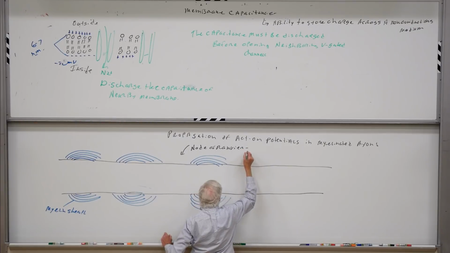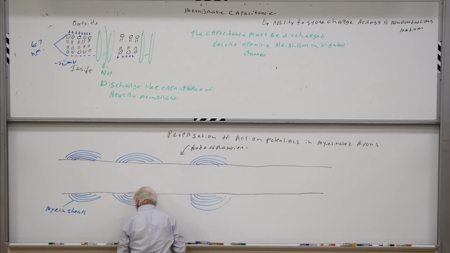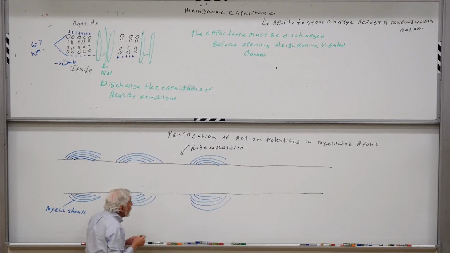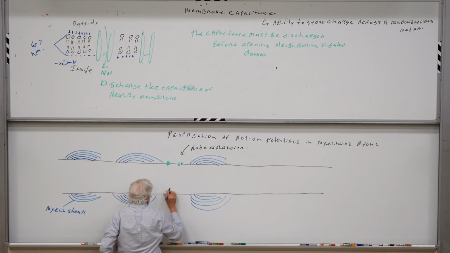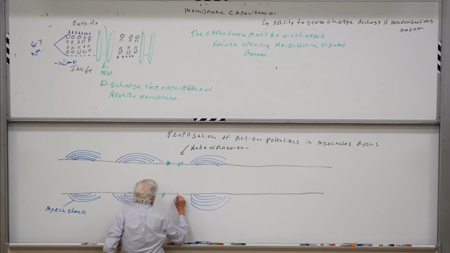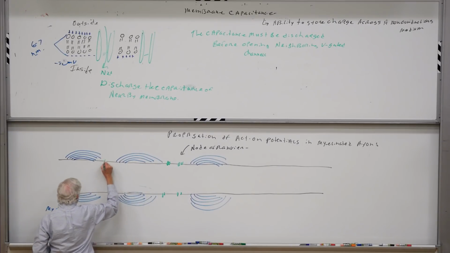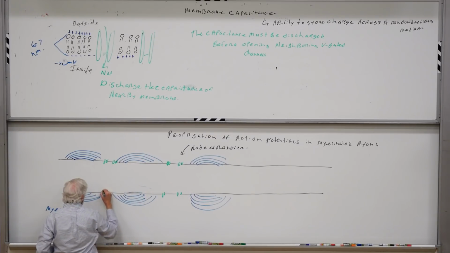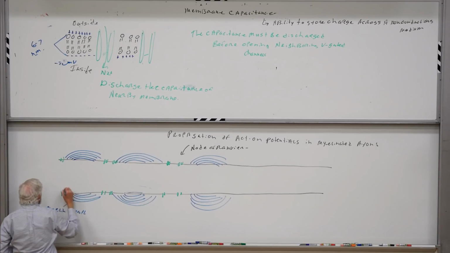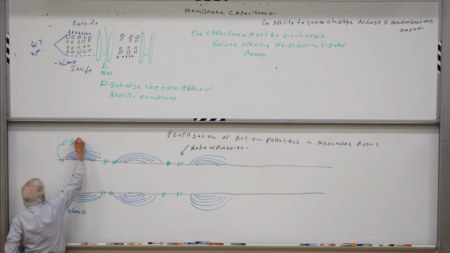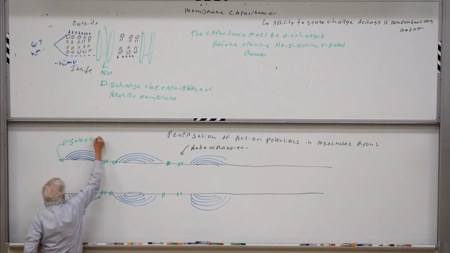The node of Ranvier is naked membrane, and what we do then is we restrict or cluster the voltage-gated channels at this site. So these are the voltage-gated sodium channels.